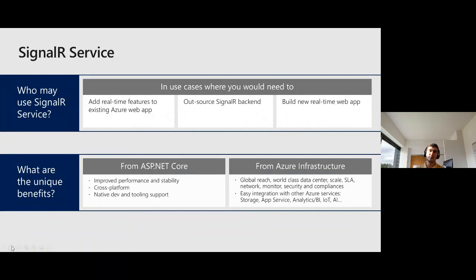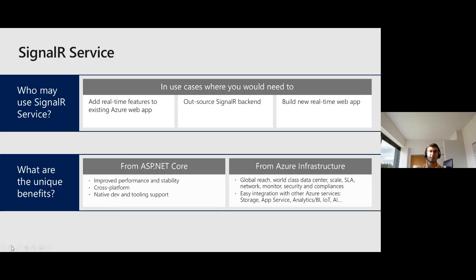Moving forward, a question can be asked: who may use it? Well, it's very easy to conclude from what we talked about earlier. Any use case where you would need to add real-time features to an existing web app or a new web app, outsourcing the SignalR backend.